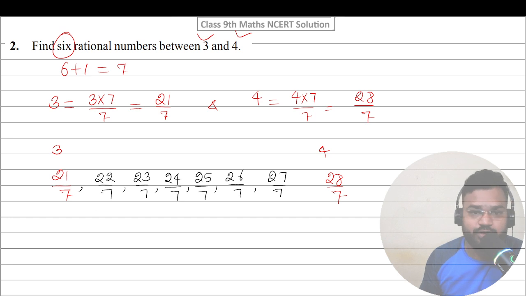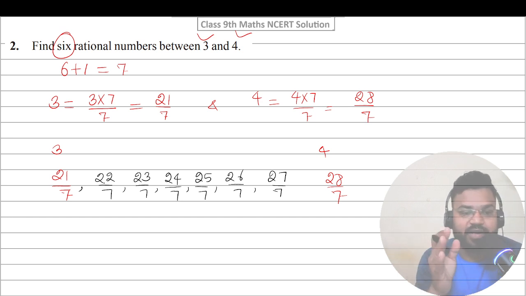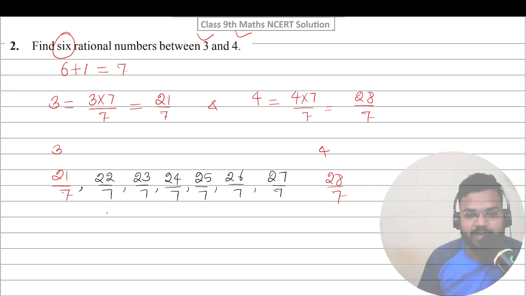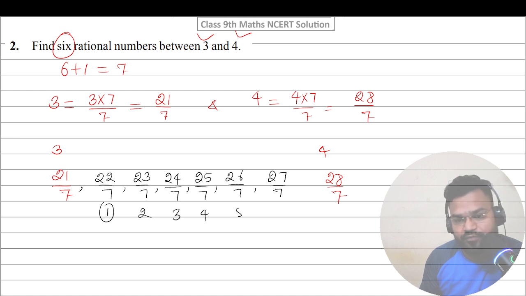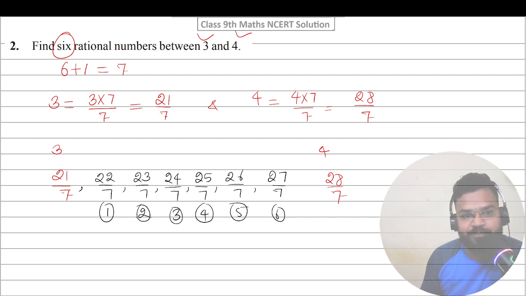Here you can count exactly: there are 6 numbers between 3 and 4. 1, 2, 3, 4, 5, 6.